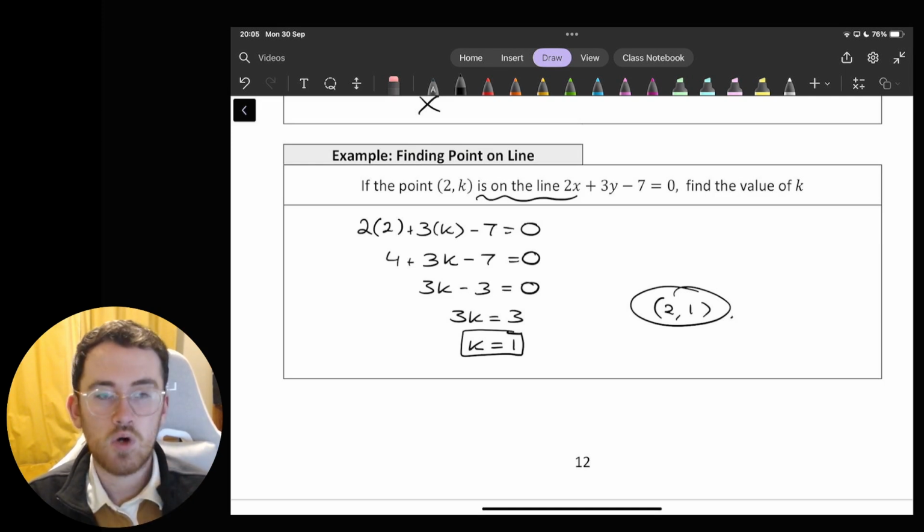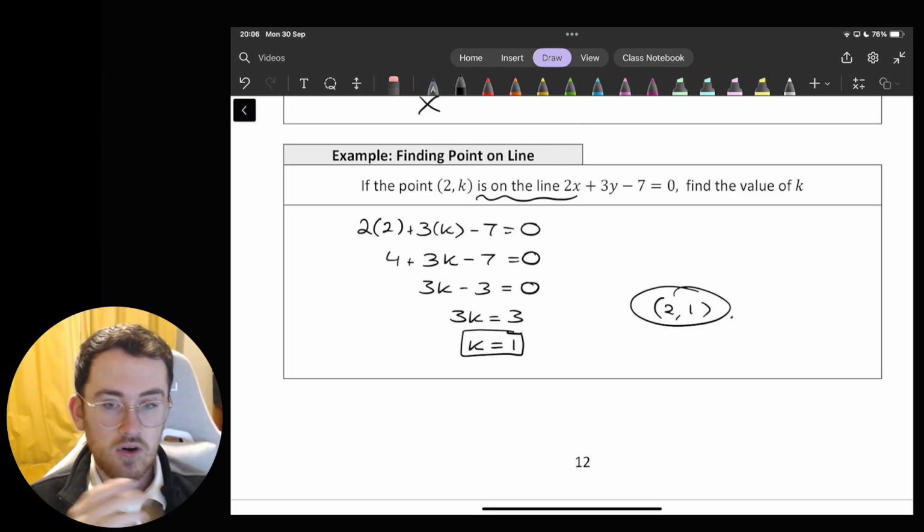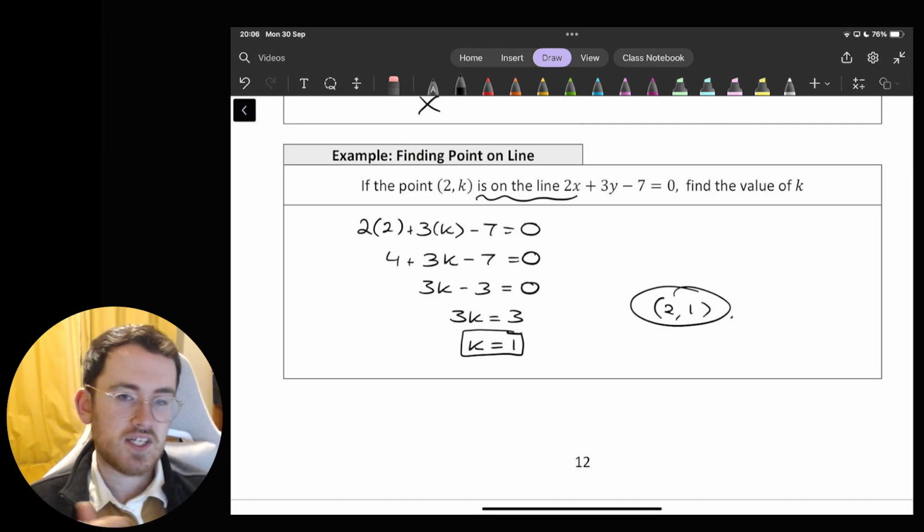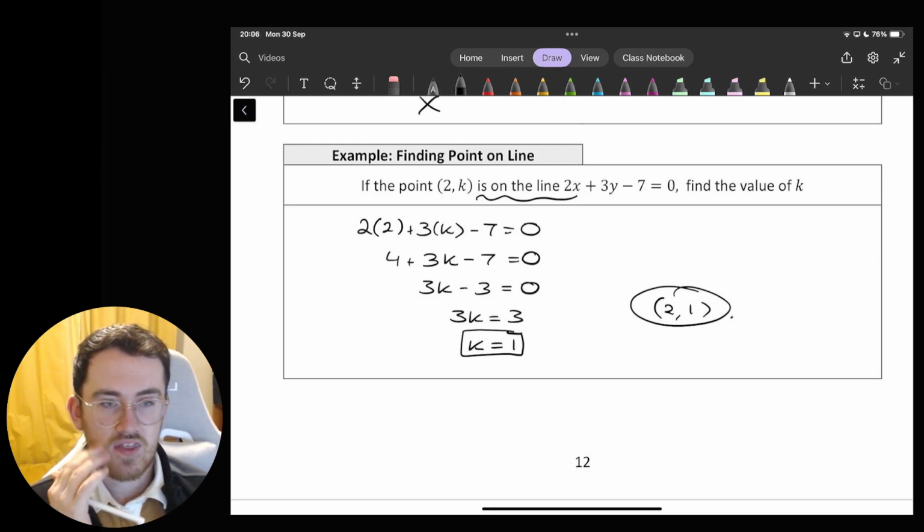If it's not, we're able to manipulate so that we can work out the slope or the y-intercept. That's useful for comparing graphs as we did in the example there, or in the next section, finding a line that has a similar characteristic, whether that is parallel or perpendicular or passing through the same intercepts. All of these things stem from you having that understanding of the equations in the first place.